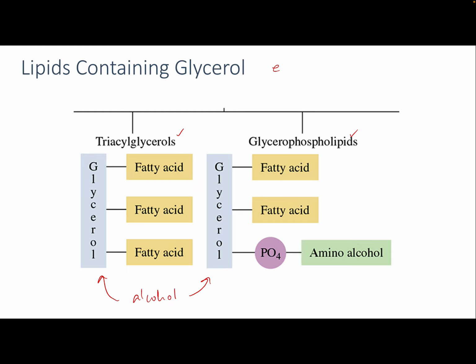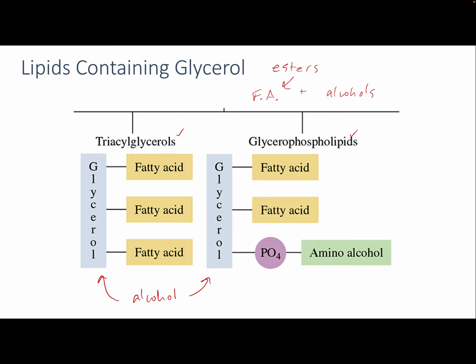The triacylglycerols or the glycerophospholipids or sphingosine, even if we look at that one, they're esters that when hydrolyzed yield fatty acids and alcohols. There's going to be a few types of fatty acids. We'll look at those. There's going to be a few types of alcohols, whether or not they are glycerol or amino alcohols, and we'll go over those differences.